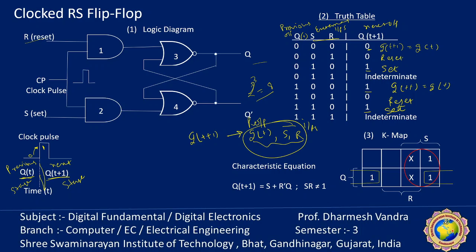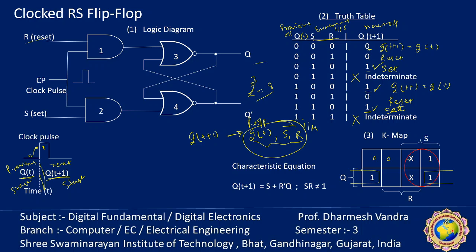Okay. So this is the characteristic equation. We substitute the values of Qt plus 1: 0 0, 1 1. Here the indeterminate state we consider as X, these two, and 1, 2 and 3 are the set conditions of 1, 2 and 3.